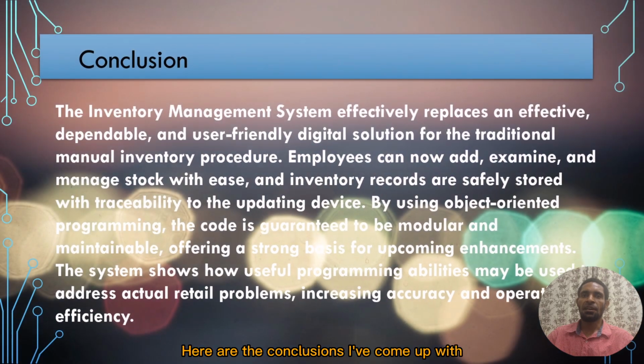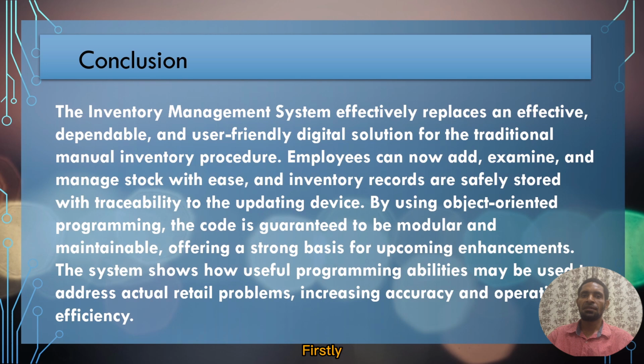Here are the conclusions I've come up with. Firstly, the inventory management system provides an effective, dependable, and user-friendly digital solution replacing the traditional manual inventory procedure. Employees can now add, examine, and manage stock with ease, and inventory records are safely stored with traceability to the updating device.